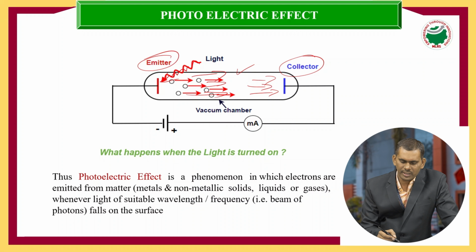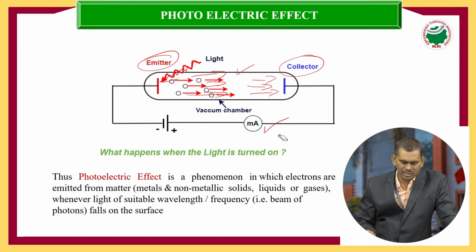The collector collects the ejected free electrons, and it shows how much current is produced by incidenting a certain wavelength on the metal surface. You can check it in the milliammeter, which is connected in the same circuit diagram. Like this, the photoelectric effect experiment can be executed as shown in this circuit diagram.